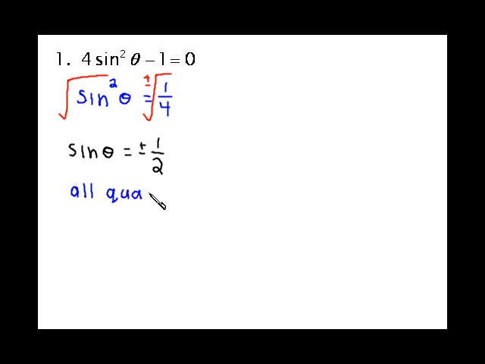Sine is positive in 2, sine is negative in 2. And our reference angle, sine is equal to 1/2 at 30 degrees or pi over 6.